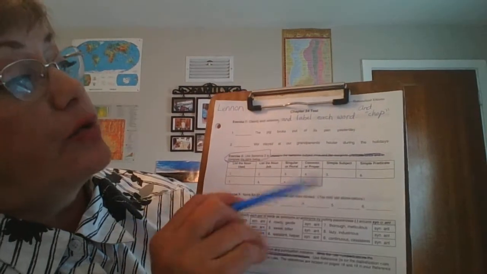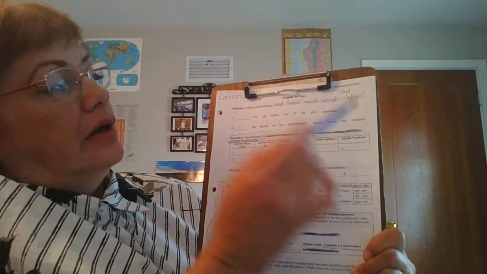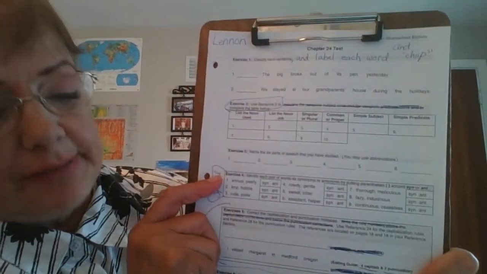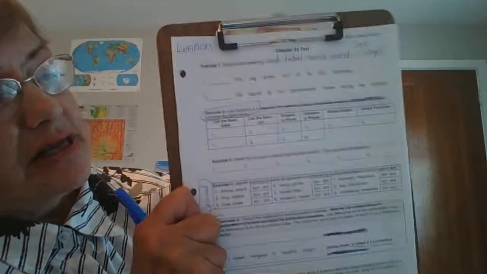If it looks like it's a question and you see a question mark at the end, you would write capital I-N-T dot for interrogative. Or exclamatory sentence. If you see an exclamation point at the end, that would be capital E over here for exclamatory.